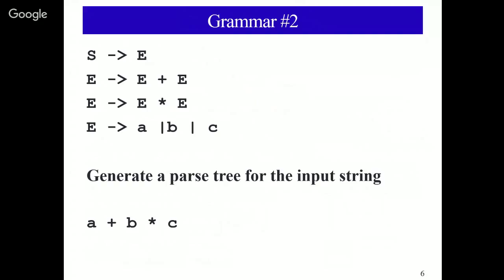This particular grammar is ambiguous. Ambiguous means if I take A plus B times C and map it to this grammar, I'm actually going to get two separate trees. I could either take the plus first and then do the times, or I can take the times first and then do the plus.